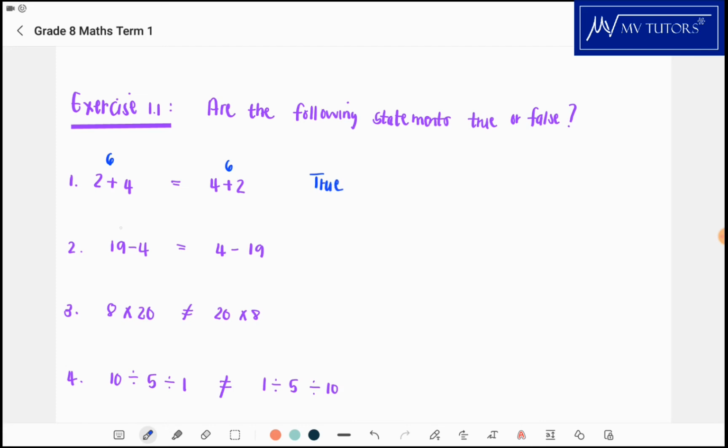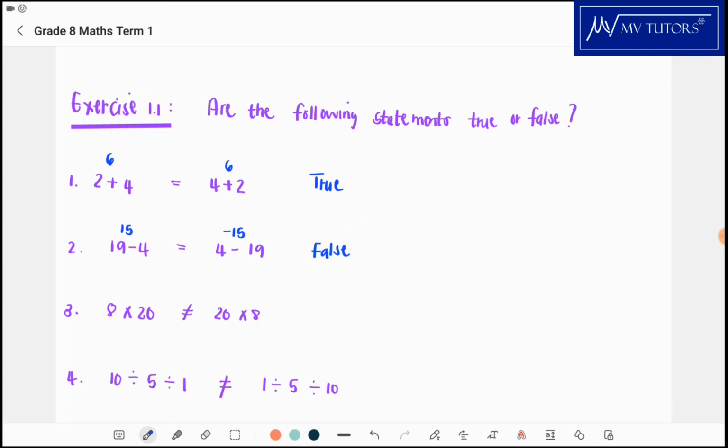Now 19 minus 4 is 15, but 4 minus 19 gives us a negative 15. So these two are not equal. As we learned before, addition is commutative, but subtraction is not. So already, if I see a subtraction sign, I know it cannot be commutative.